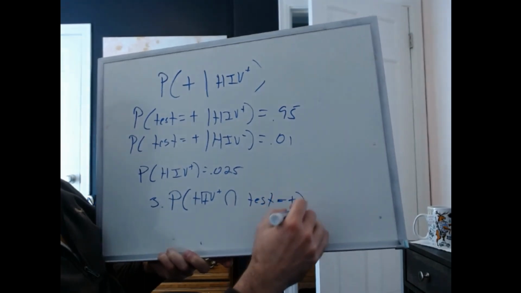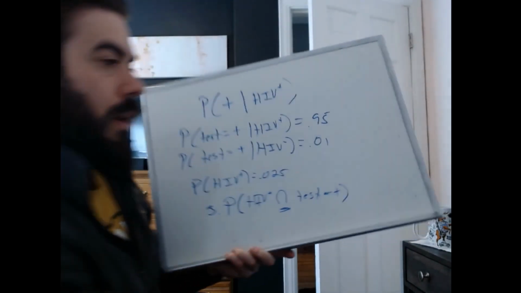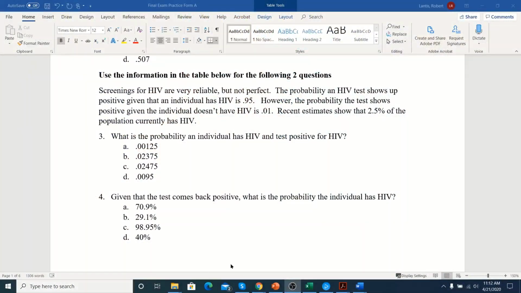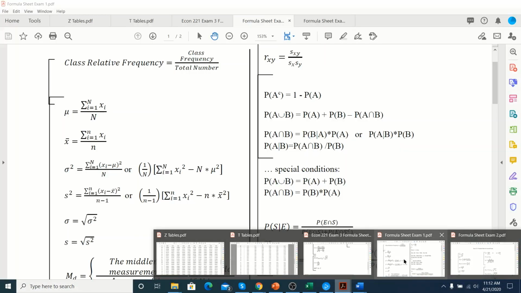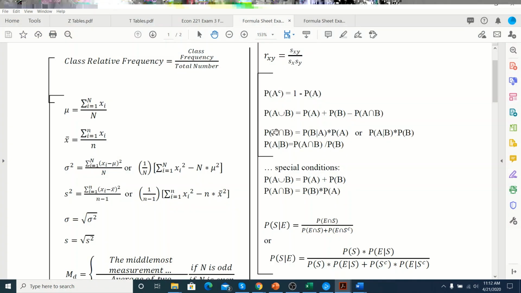Right? So we have an intersection of two events. If we go to the formula sheet, the intersection of two events is a conditional probability times what we're conditioning on. Remember, what we condition on is what's on the right-hand side. That's our given. So we want to find this intersection.